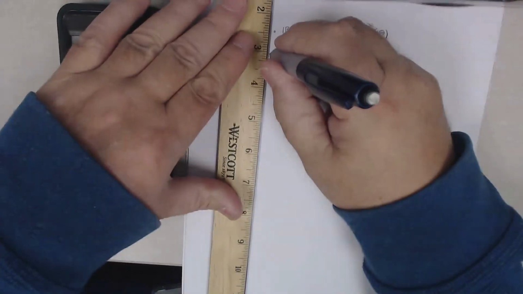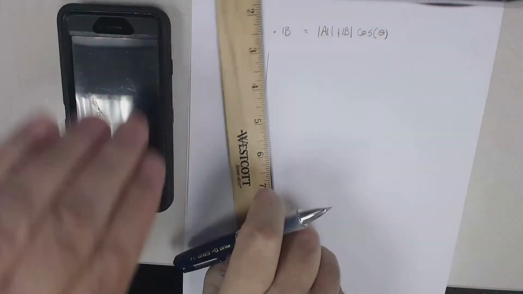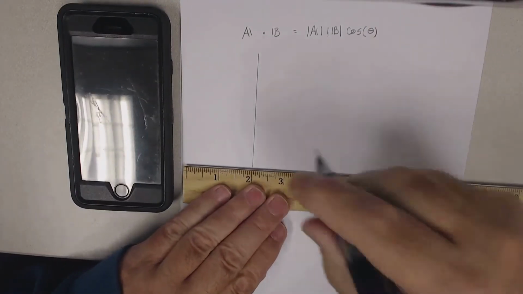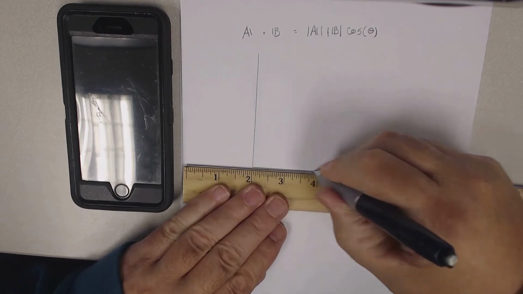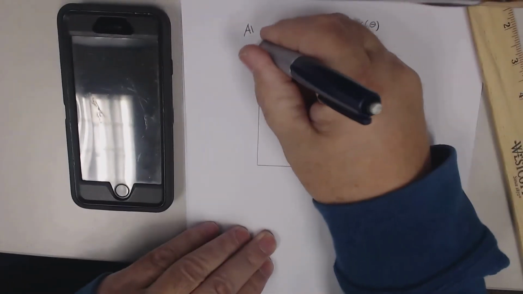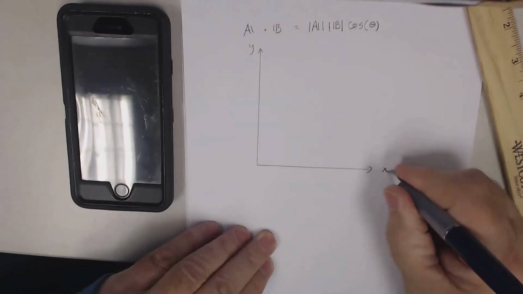So let's get two vectors, A and B, on the x and y axis. This is y, this is x.